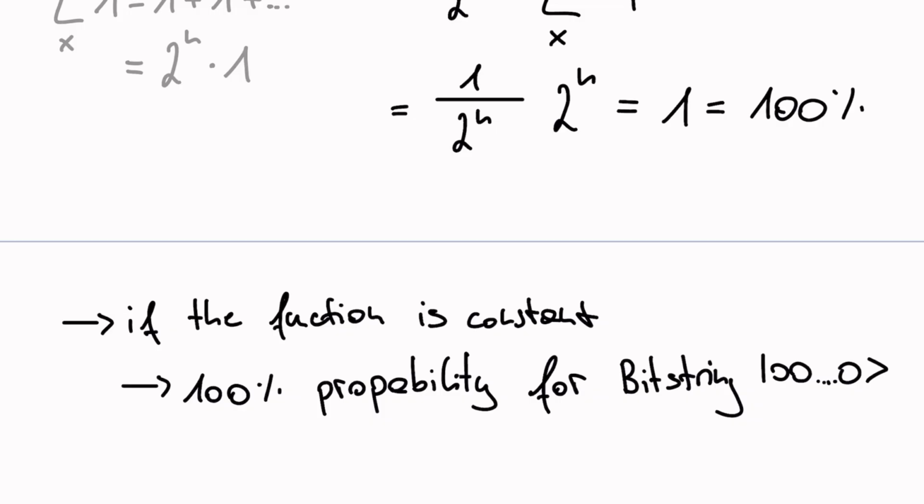If we now plug that into the formula of the amplitude, we can split the sum into two parts, one for the terms where the function returns 0 and one where it returns 1. Each of these parts will cancel each other out, so the total result will be 0. That means the probability of measuring the all 0 bit string is exactly 0 if the function is balanced.